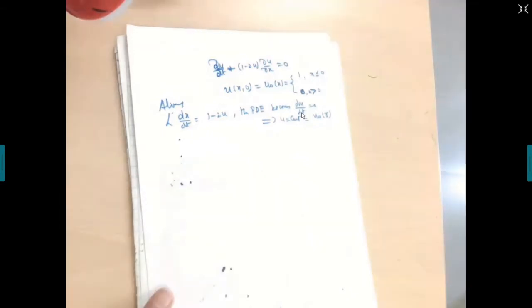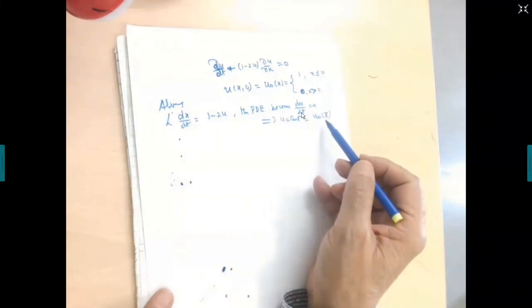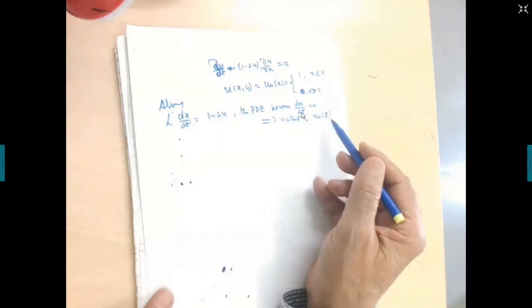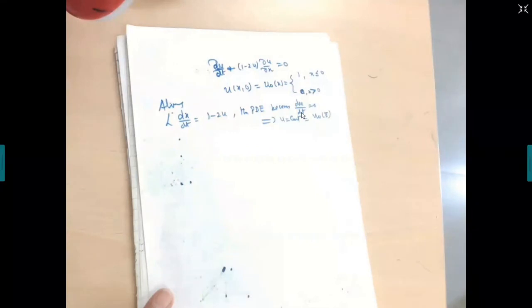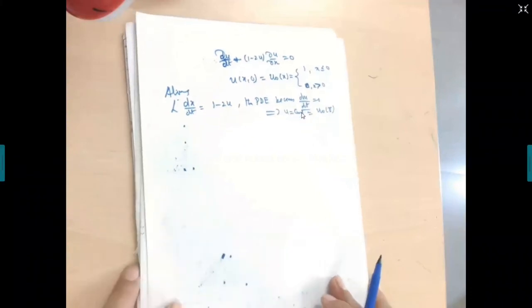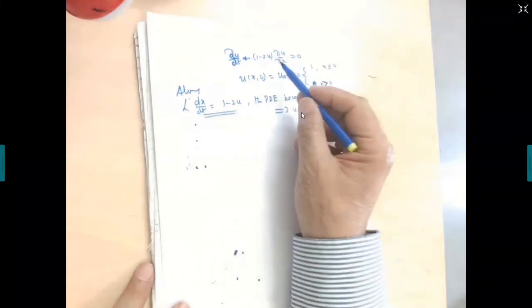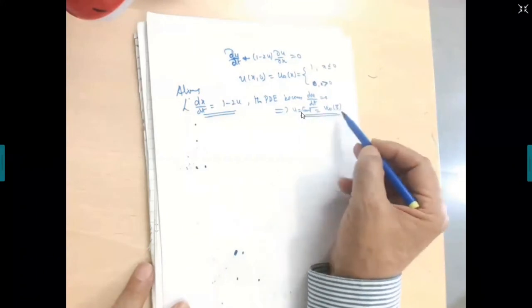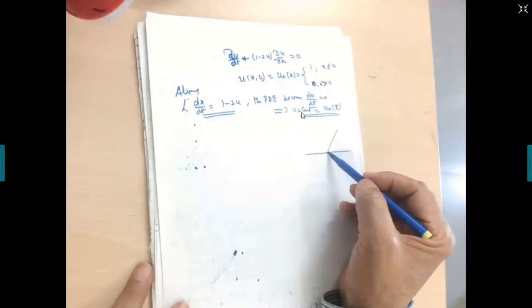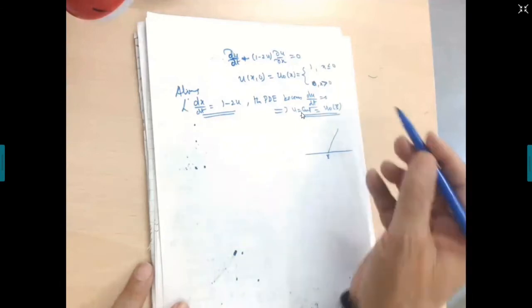Along these characteristics, u remains constant, and therefore, what are the characteristics? Along these characteristics, the partial differential equation becomes an ordinary differential equation, and it gives me u equal to u naught of xi. Whatever information is available here goes into the region along this characteristic curve.